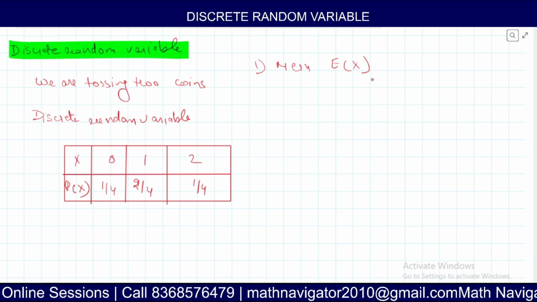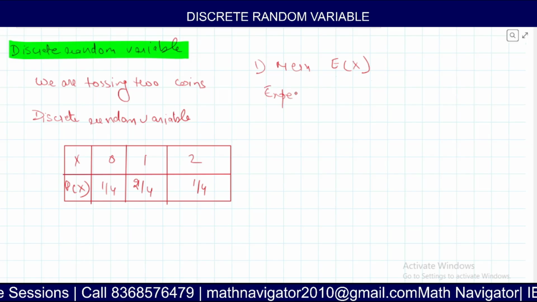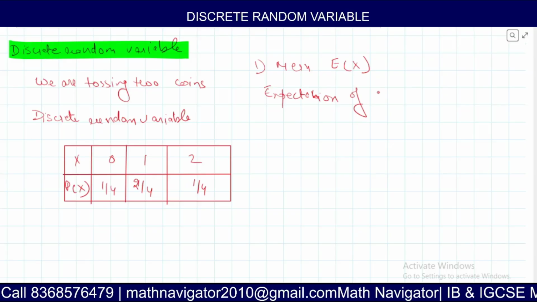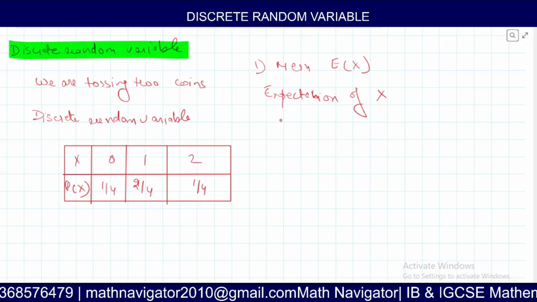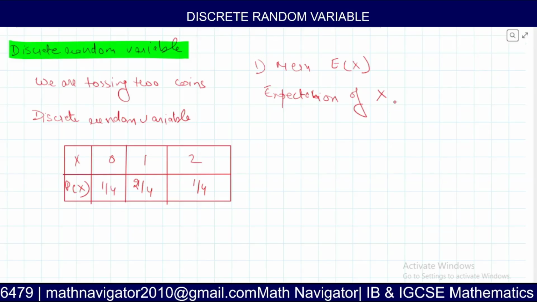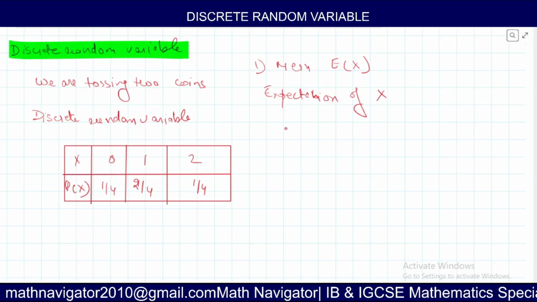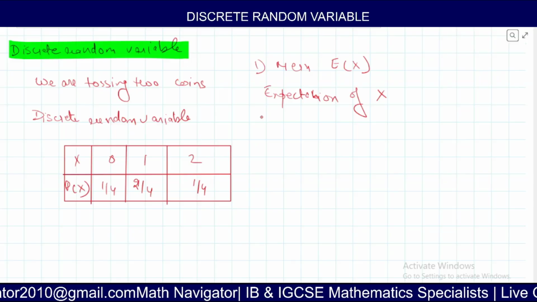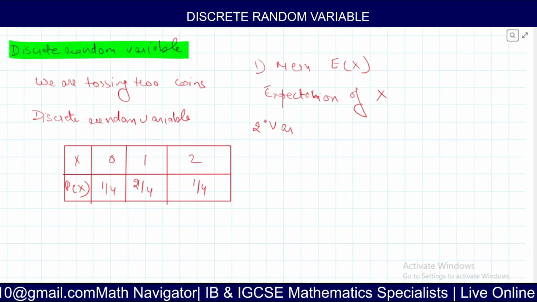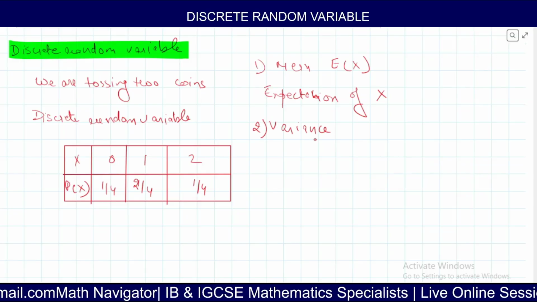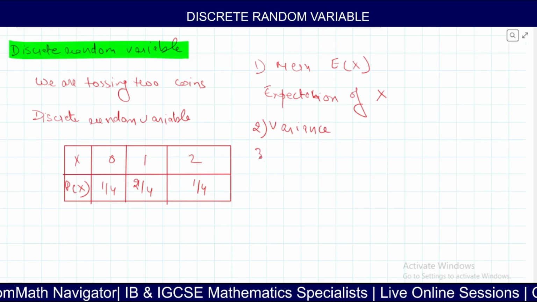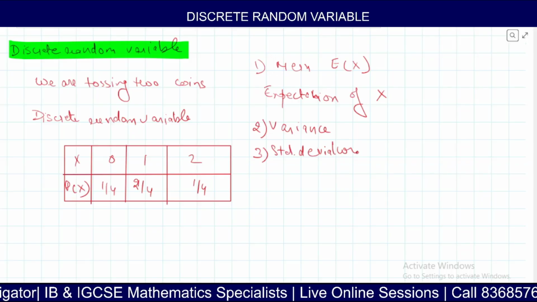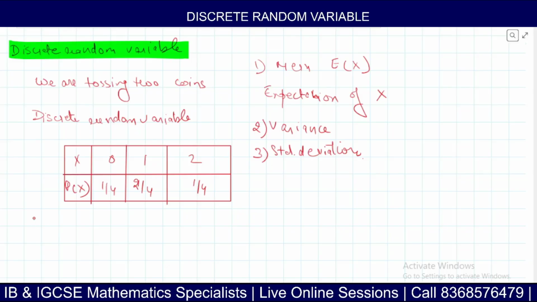E of x means expectation of x, which means how much you are expecting. That means the average or the mean. Second is variance, and the third is standard deviation. So let's talk about mean first.